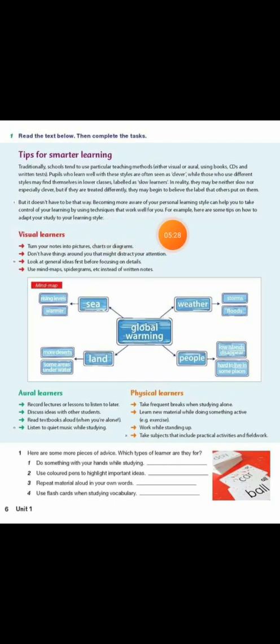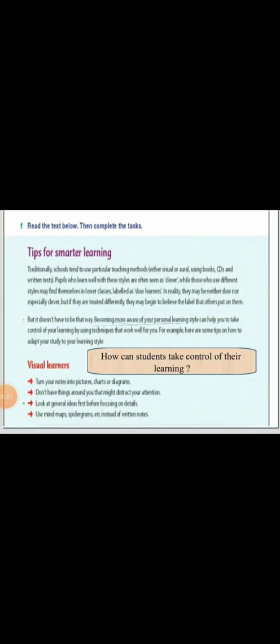For example, here are some tips on how to adapt your study to your learning style and become smarter in your learning. How can a student take control of their learning style? The answer: becoming more aware of your personal learning style.